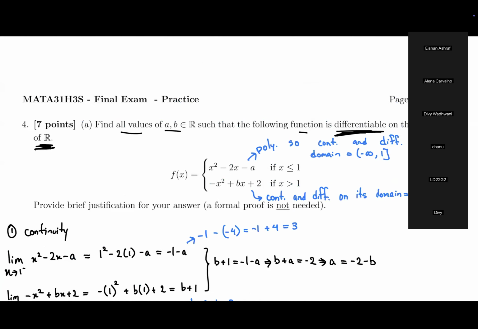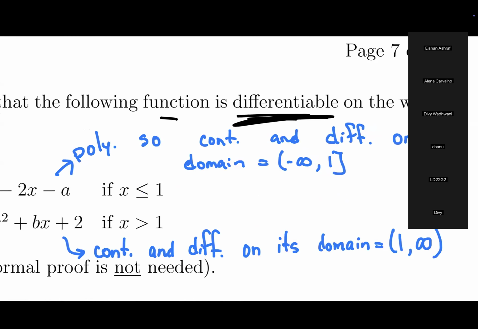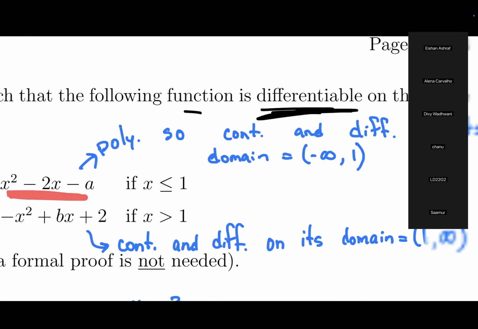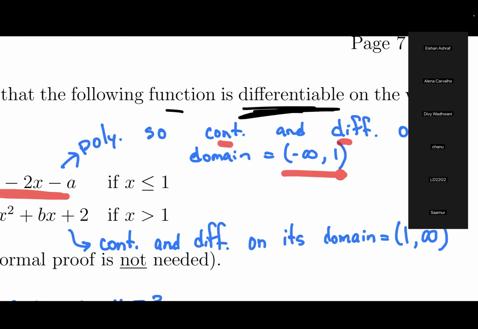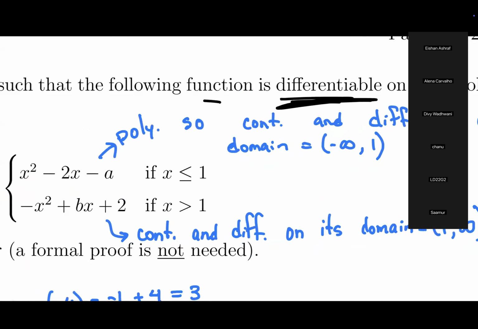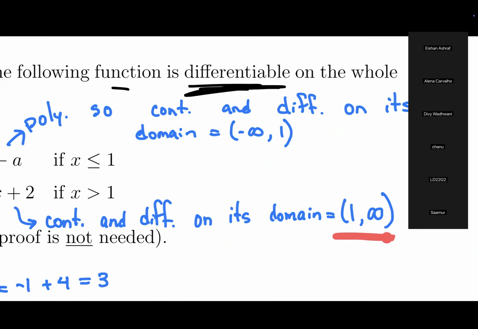We're looking for a function f of x that is continuous on all of R. For this part of the domain we're continuous, but we don't know about differentiability at x equals 1 just yet. The first polynomial is both continuous and differentiable on its domain, and the second polynomial is also both continuous and differentiable on its domain, because by definition they're polynomials.